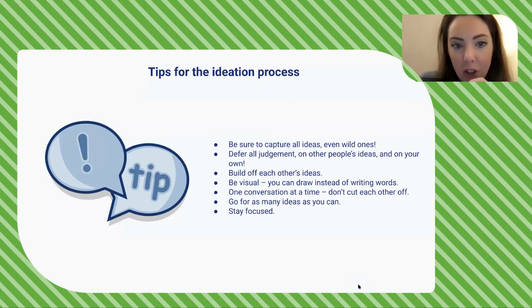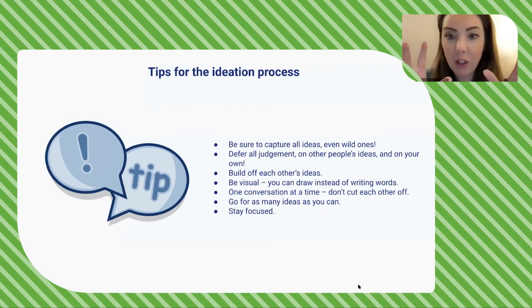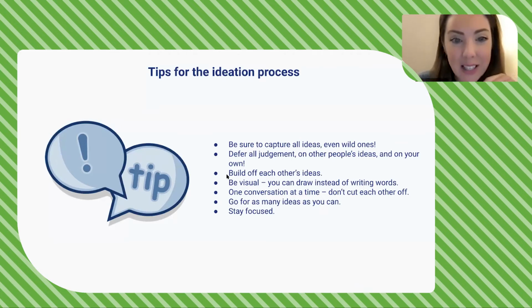So you build off each other's ideas. You can be visual. If there's something that you don't quite have the words for, you can scribble and do a little drawing. It can be one conversation at a time. But what I find most useful, and this is where the Jamboard is really cool, is sometimes it's easier to just write down all the ideas you have and post them up to be read, rather than talking over one another, because sometimes you might lose your train of thought. When you hear an idea, it might distract you and you forget to say the thing that you were saying.